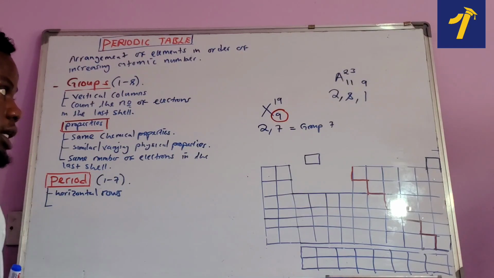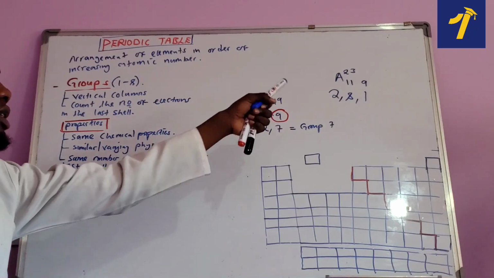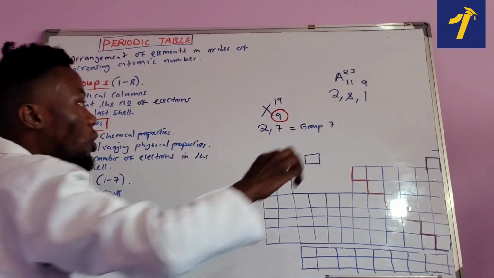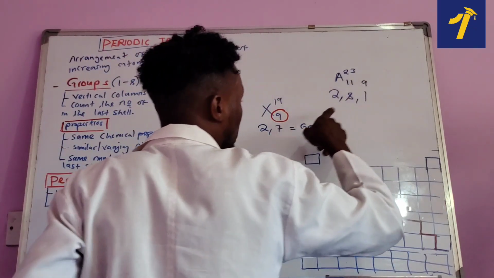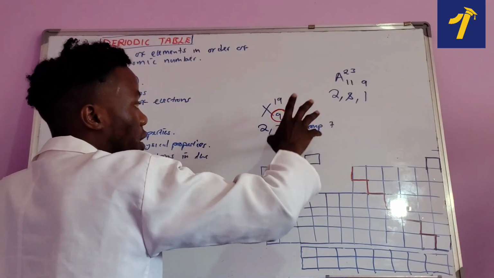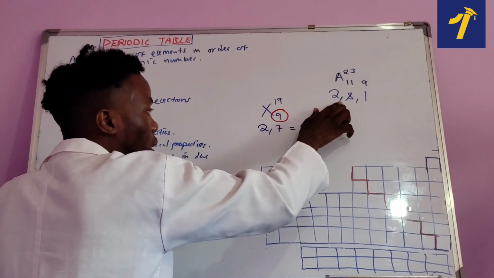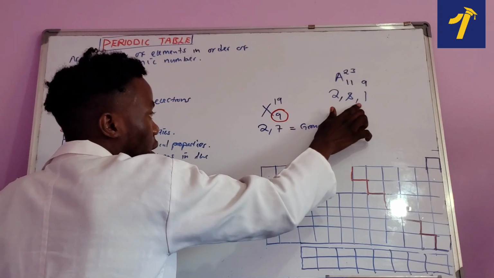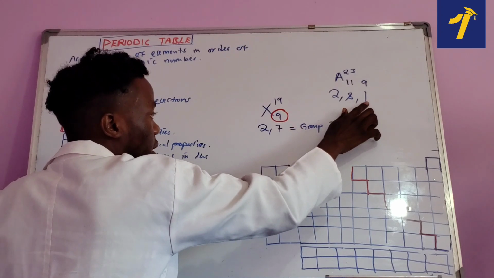Since we are done with the electronic configuration, what else are we supposed to do? The next step is looking at the number of electrons. If you want to look at the group number of this element, you go to the last shell. Remember, how do you find the shells? After a comma you say this is 1, then after a comma this is 2, and this is 3.